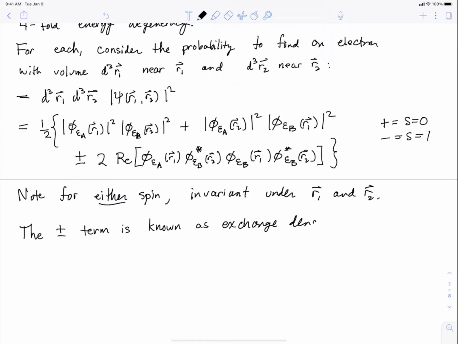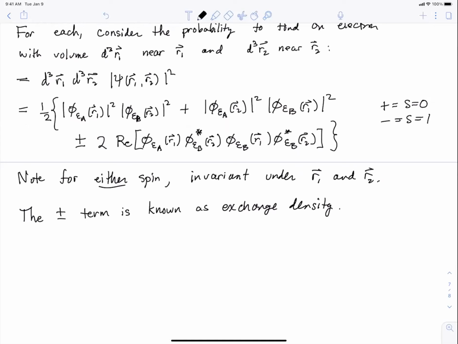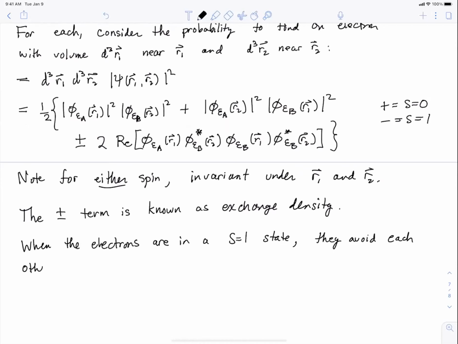And we notice that if it's a minus sign, that's the spin triplet. So when the electrons are in a spin 1 state, okay, the triplet, they avoid each other. That's what this is telling us. So what do we mean when we say they avoid each other?